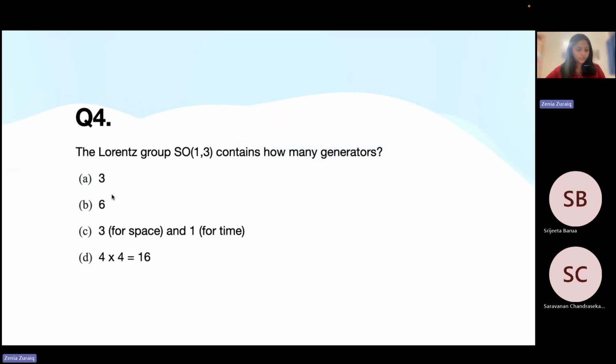Next question. The Lorentz group contains how many generators?